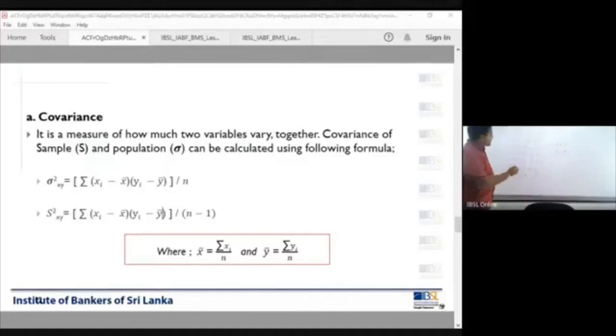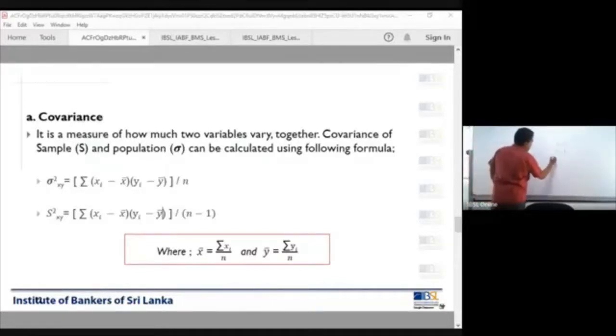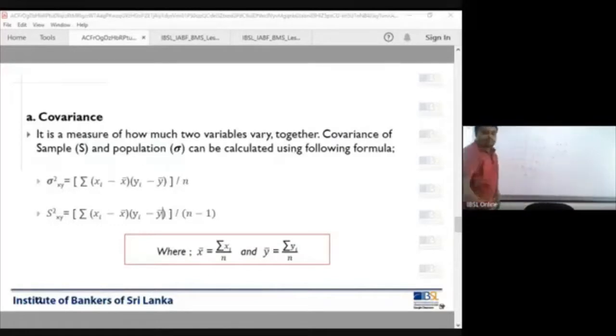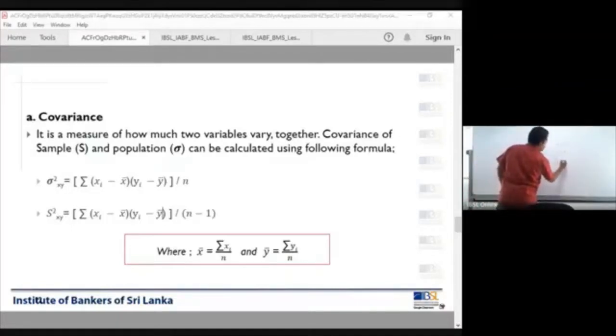In that case, for this point, we could apply it to the equation of the summation. The individual x value will be 3 minus 3, multiplied by 5 minus 4. This is 1.